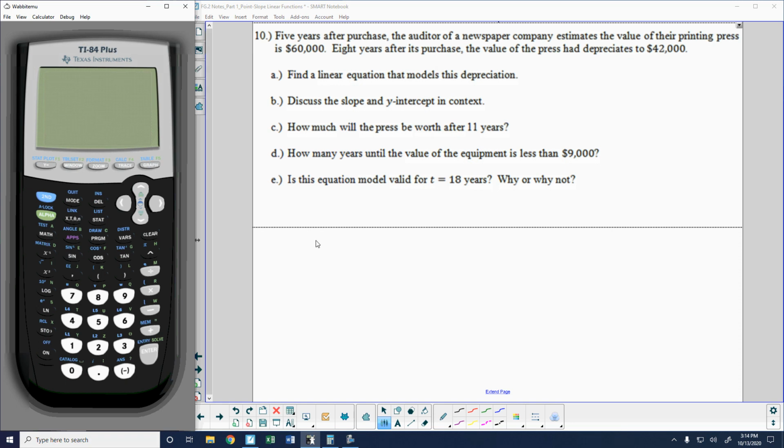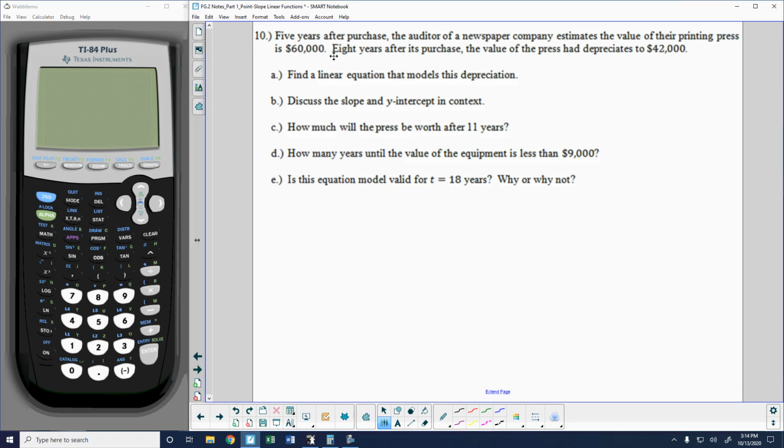In order to do that, we need to take a look at the information that they give us, and we need to figure out what our independent and our dependent variables are going to be. Our independent variable, or our x-axis in this case, should be years. Actually, I'm going to call it time and let it be t.